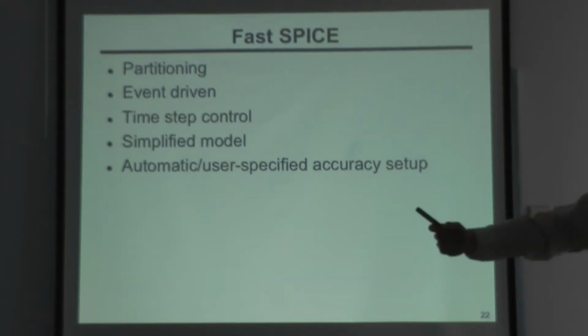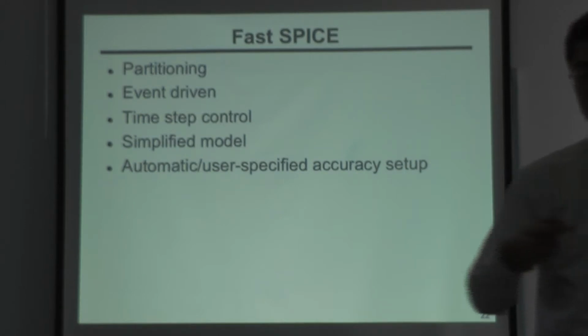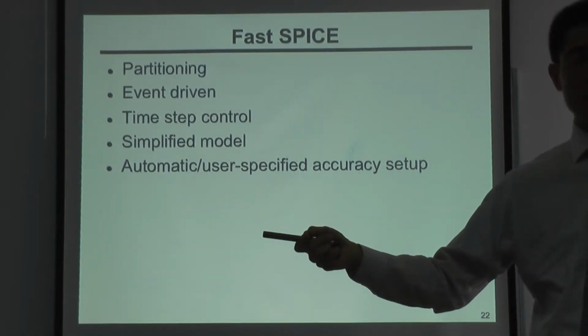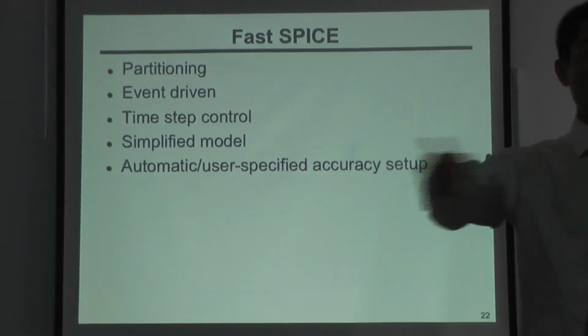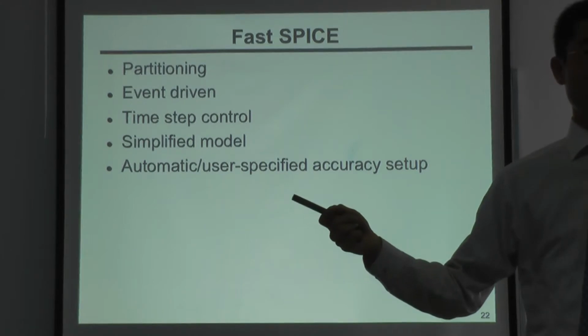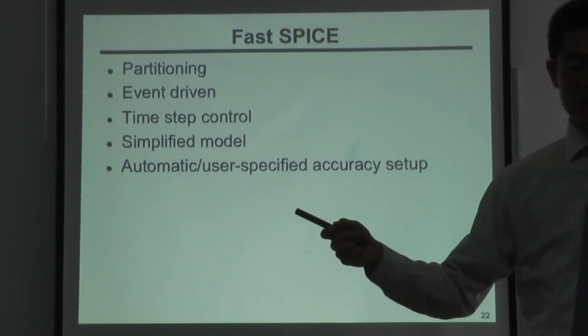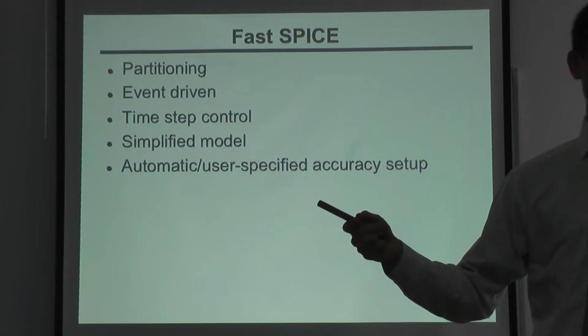For large circuit design, for example when you design memory like a 1 gigabit SRAM, it is almost impossible to simulate the whole circuit by Spectre, because one gigabit SRAM has 10 gig transistors.